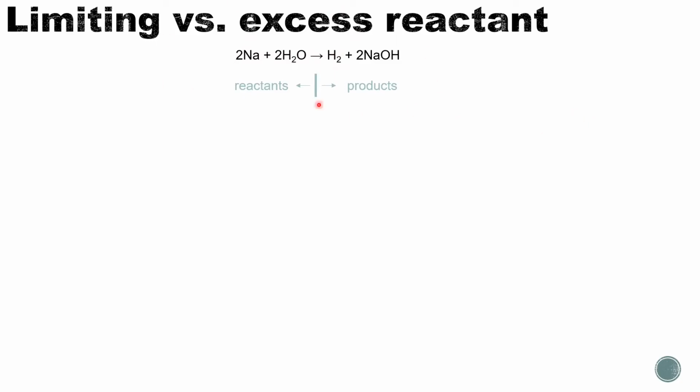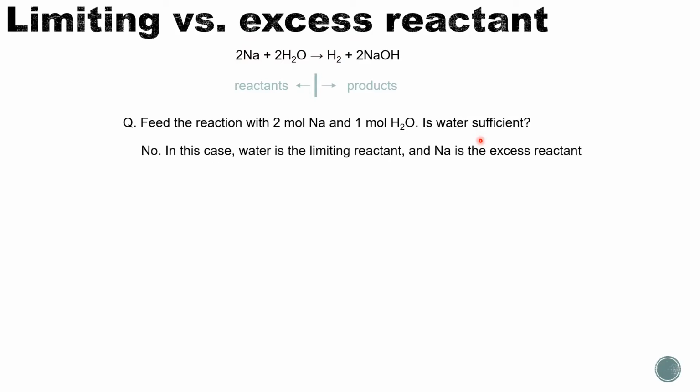From this chemical equation, if I'm going to feed a reaction with 2 mole of sodium and 1 mole of water, is water sufficient so that all of the sodium can be reacted? No. Why?